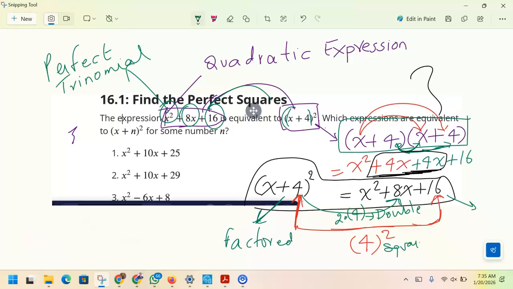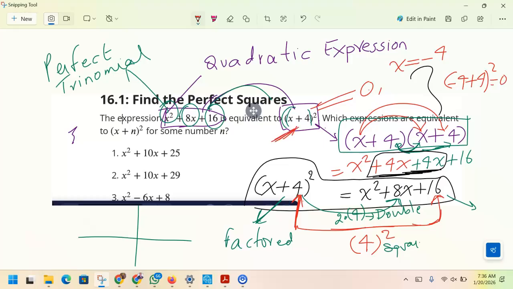If you try to graph this on the x-axis and y-axis grid, take this x plus 4 and put it equal to 0. The only way this works out is if you plug in x equals -4, so -4 and +4 end up being 0. And you learned in earlier classes that anything squared is parabolic, so it is a square function. A lot of things are coming together here.